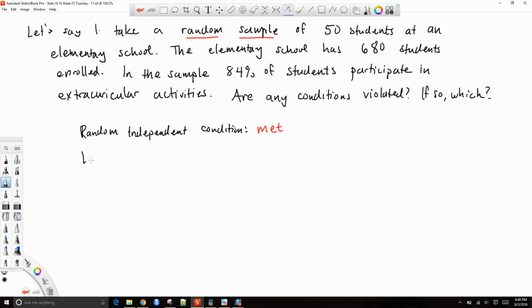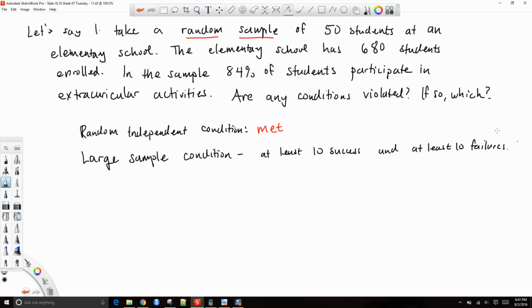Okay. What about the large sample condition? All right, how do we check the large sample condition? We need at least 10 successes and at least 10 failures, right? All right, so when we look at our sample, we don't have the actual counts. So we're going to have to check n times p has to be at least 10, and n times 1 minus p has to be at least 10.